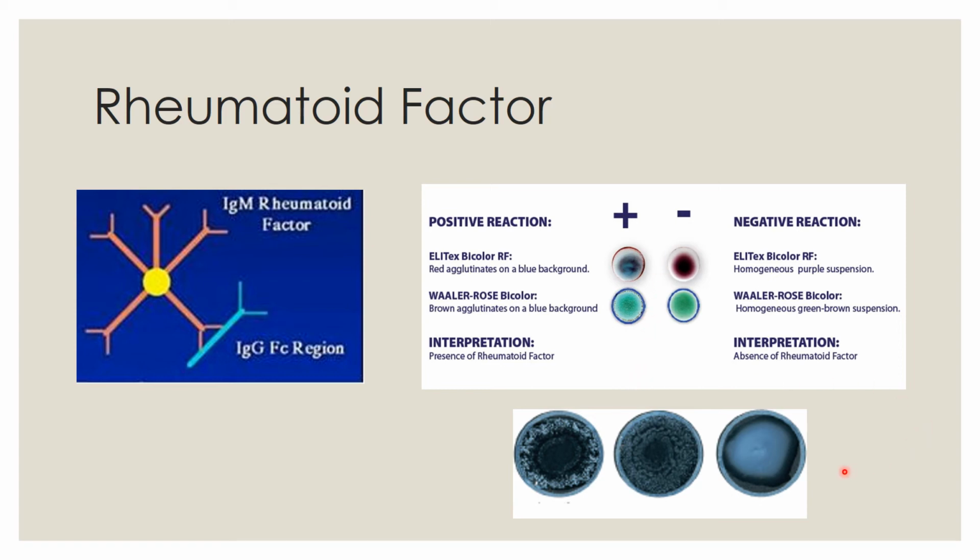We don't just report a positive or negative. Rheumatoid factor is reported as a function of a titer. So you perform a regular doubling dilution titer, but then you convert the titer into international units.